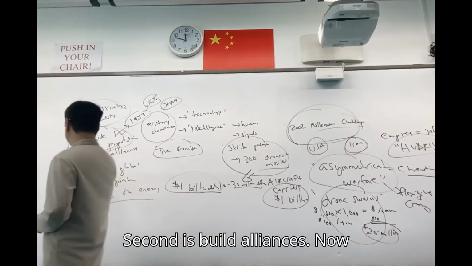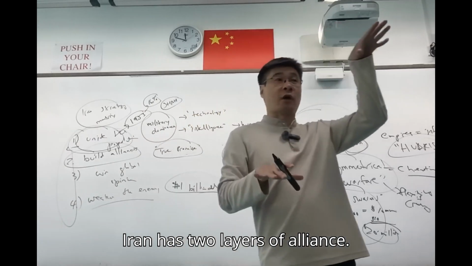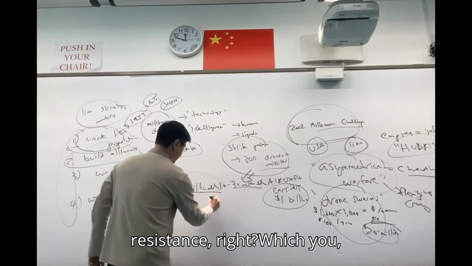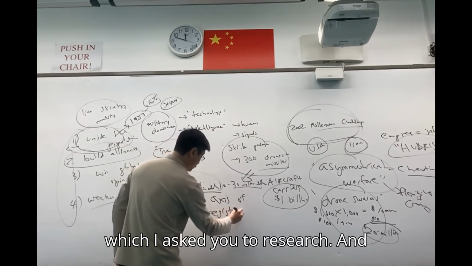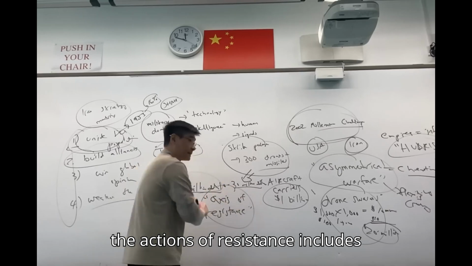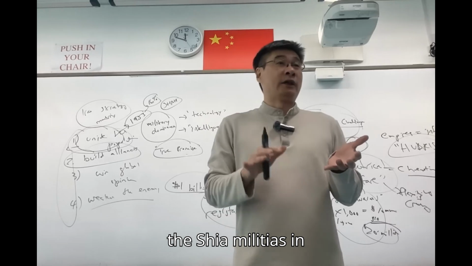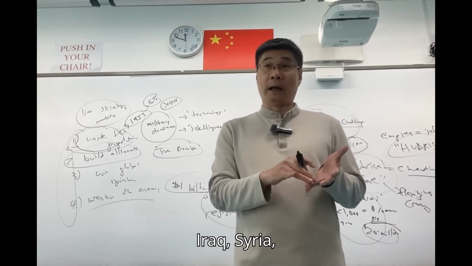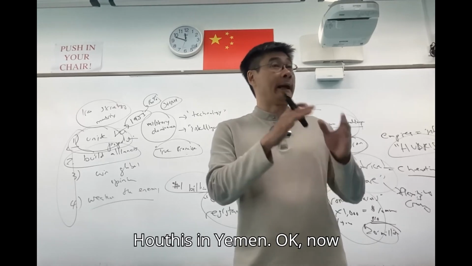Second is build alliances. Now, Iran has two layers of alliance. The first layer is called the axis of resistance, which I asked you to research. The axis of resistance includes the Shia militias in Iraq, Syria, Hezbollah in Lebanon, Hamas, and the Houthis in Yemen.